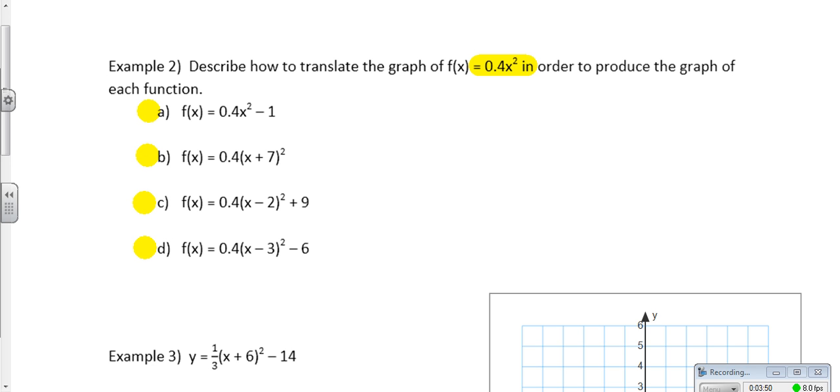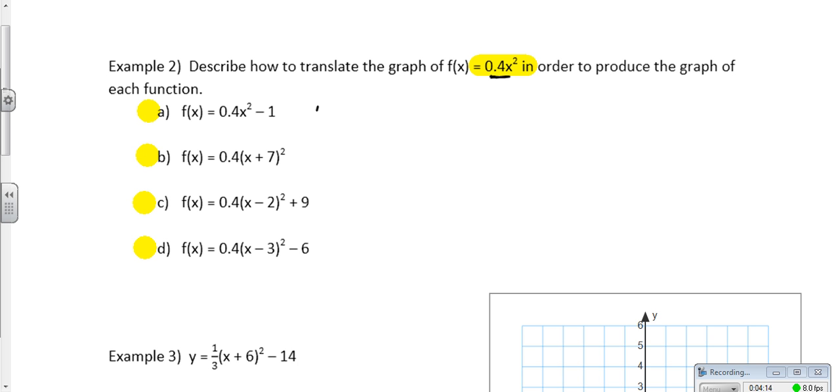Well, this one, because now the 0.4 is a given. Now this is not the parent function, but that's what they're starting with. So if you start with that, what happens? Well, this one is shifted. Now it's not inside the parentheses, it's outside. It's affecting x squared. It's -1, so it's a vertical shift.